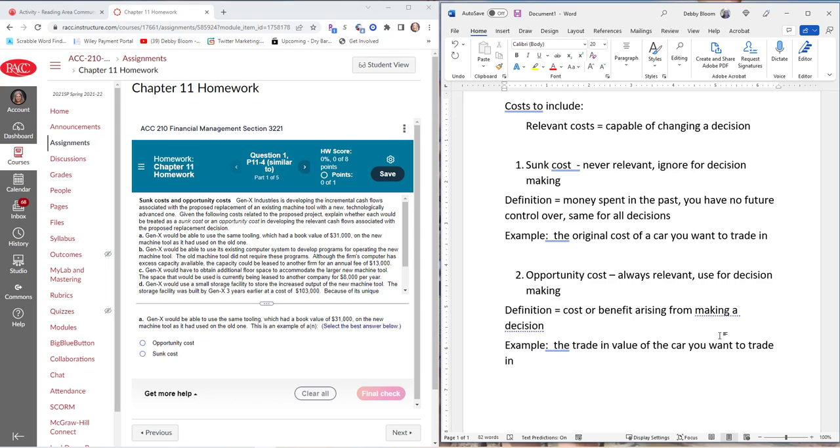No matter what you do, you bought the car 5 years ago, but if you trade the car in, you get the trade-in value. But if you decide to continue driving it, you don't get the trade-in value.